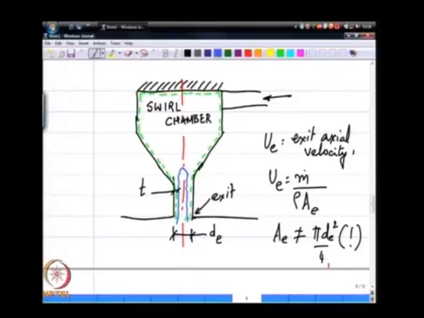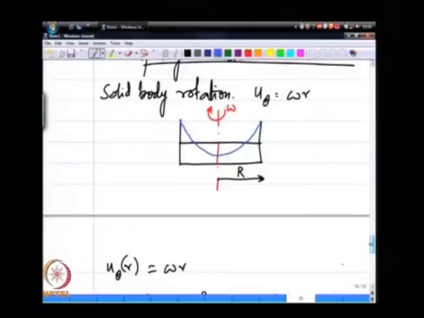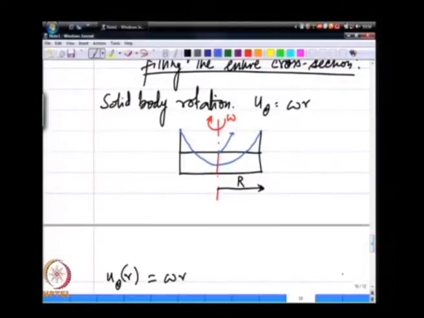Now, what is it that is inside here? The same stuff that is inside this parabola when it is spinning. Before I started the spin up process, there was pure liquid.